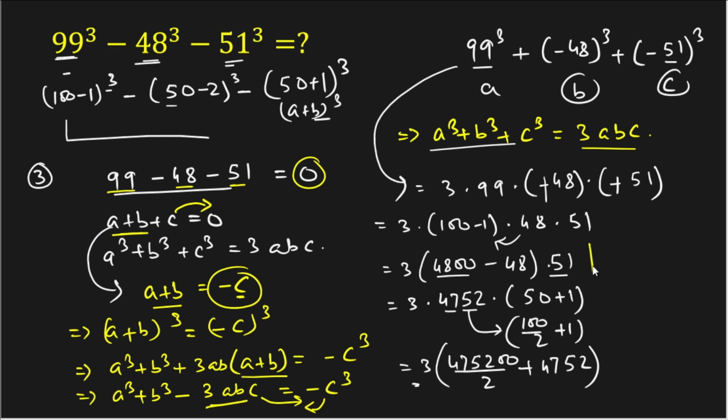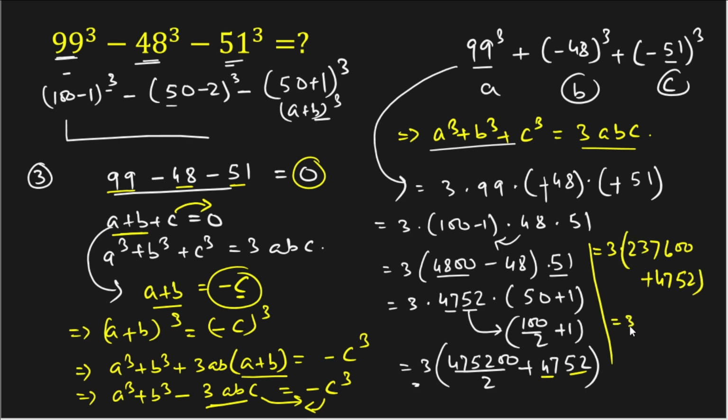Now in the next step we'll divide this term by 2, and it gives 237600. Plus, in the next term we have 4752, and that is also in the bracket.